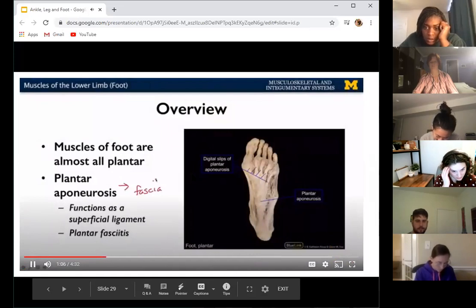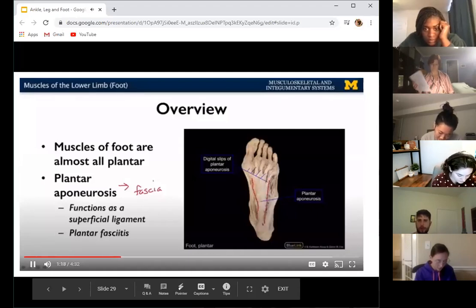This is going to play a really important role in terms of keeping those arches of the foot safe as well as the specific joints. So you can see that right in this region. So basically, you can barely see any muscles until you reflect or move the plantar aponeurosis. So if you have any type of damage to this specific area, we often refer to this as plantar fasciitis, and this is a fairly common complaint in the foot region.